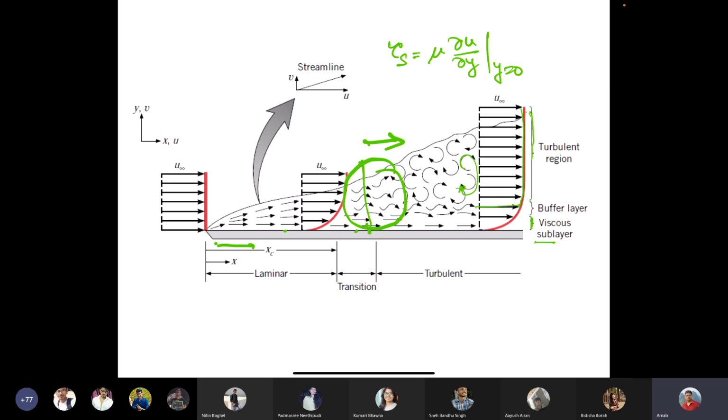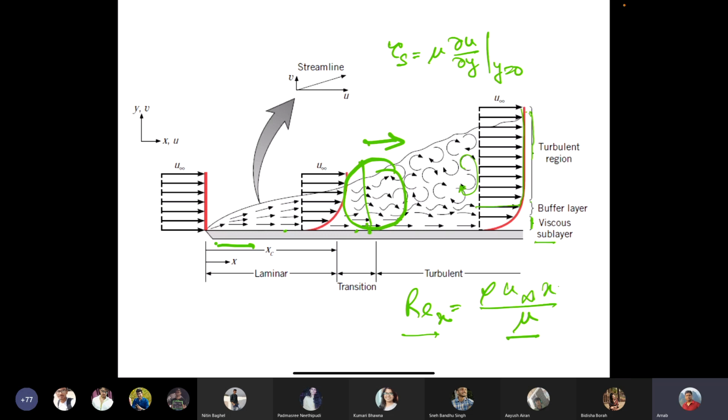So what happens is that when we try to quantify, again by the Reynolds number, now, as it changes along the x direction, this happens as this expression, which is rho u infinity, the free stream velocity, times x, the distance from the leading edge, divided by the dynamic viscosity.